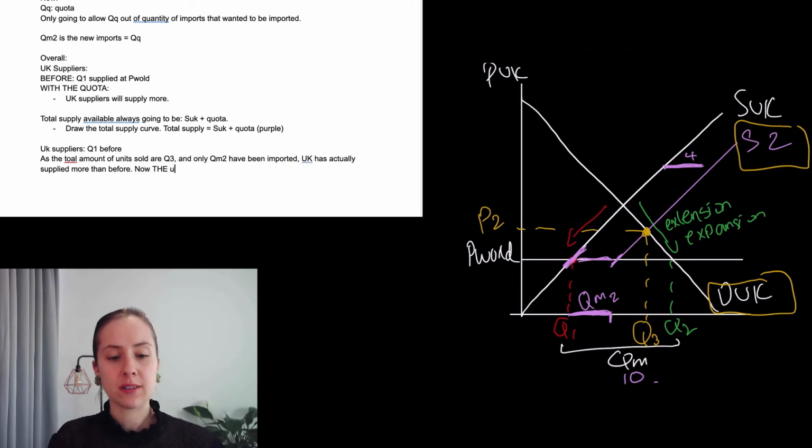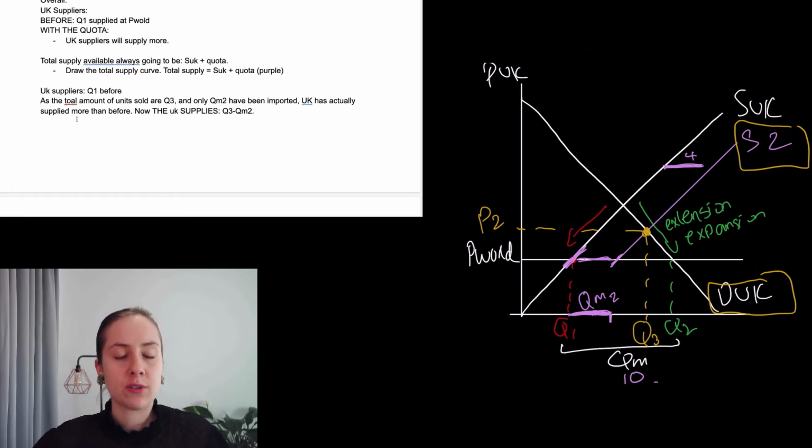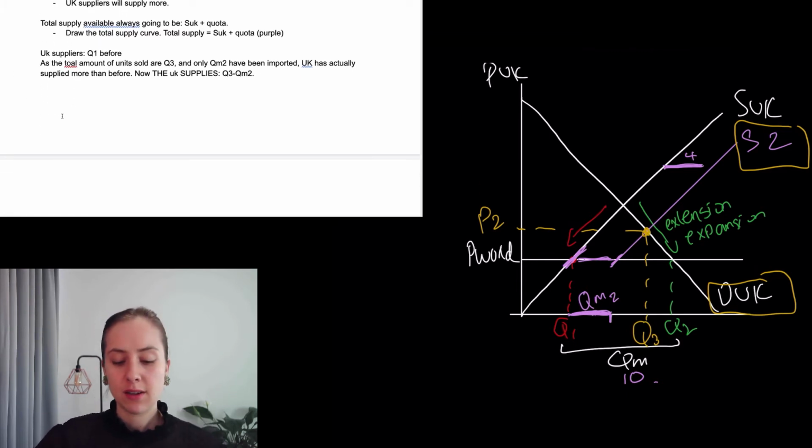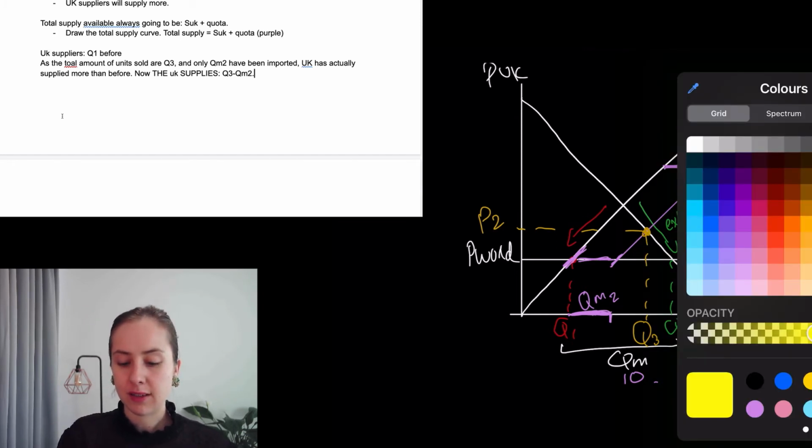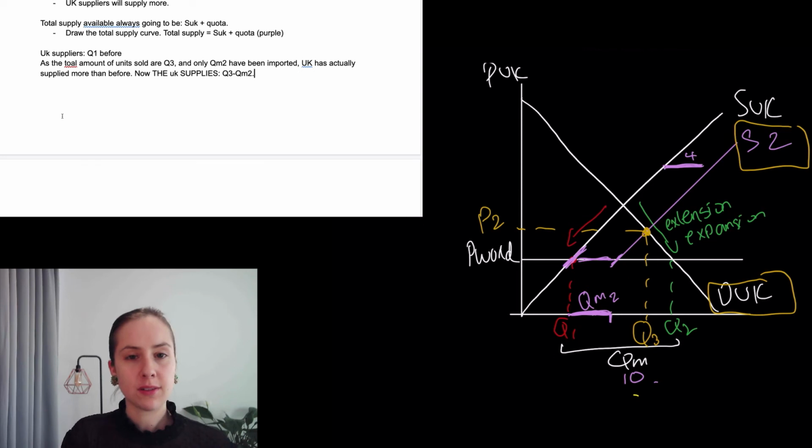Now, the UK supplies Q3 minus Qm2. So they supply everything that was not imported, and that makes sense. I'm going to highlight what the UK supplies. Let's put it in bright yellow.